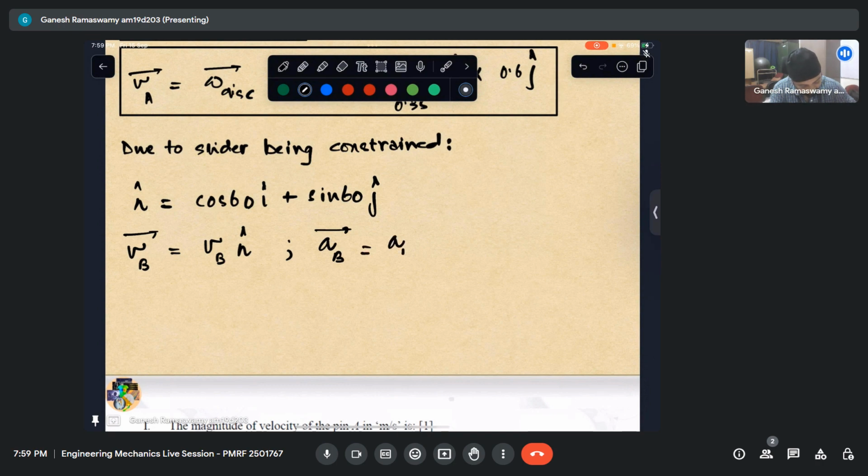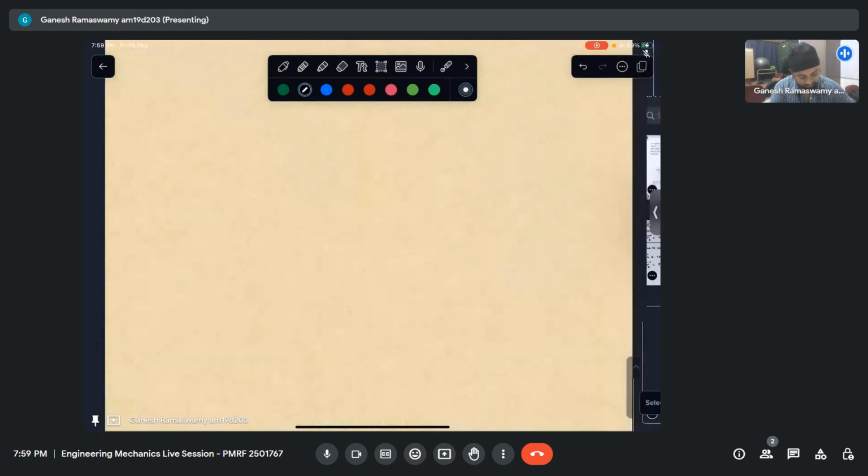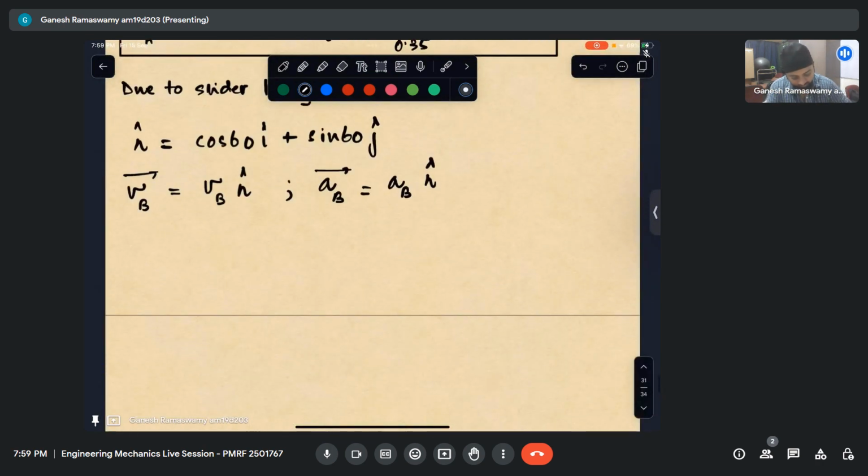And then from relative motion, now that we know this, we don't know these quantities that we have to find out. So we will use our relative motion analysis.